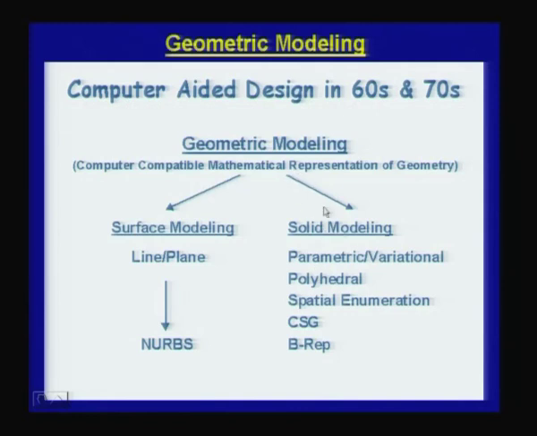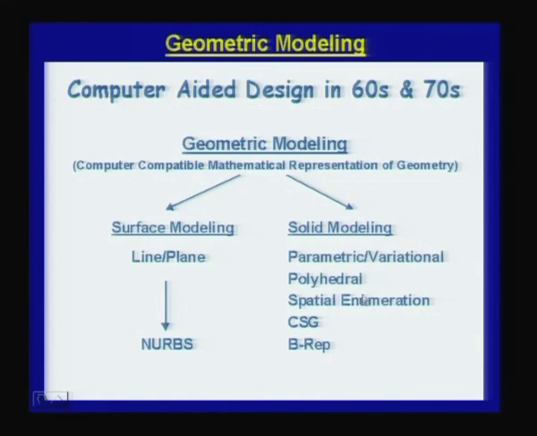Most of these representations evolved in the 60s and 70s, and this forms the basis for representing and storing most of the designs as a geometry in most of the CAD systems. The second line of development, which took place in the 70s particularly, is related to giving a mathematical representation to solids, where parametric and variational models evolved.